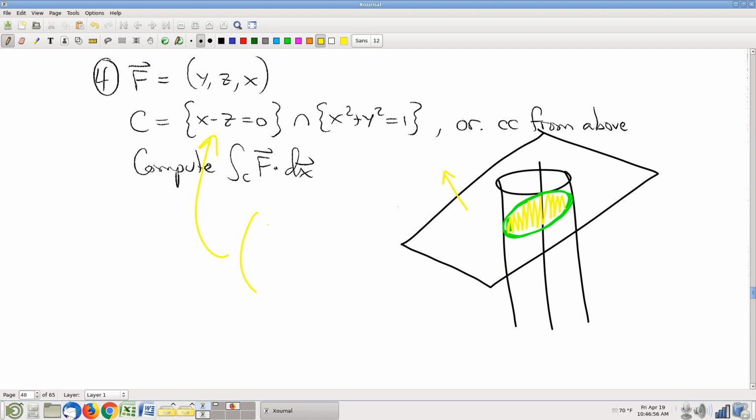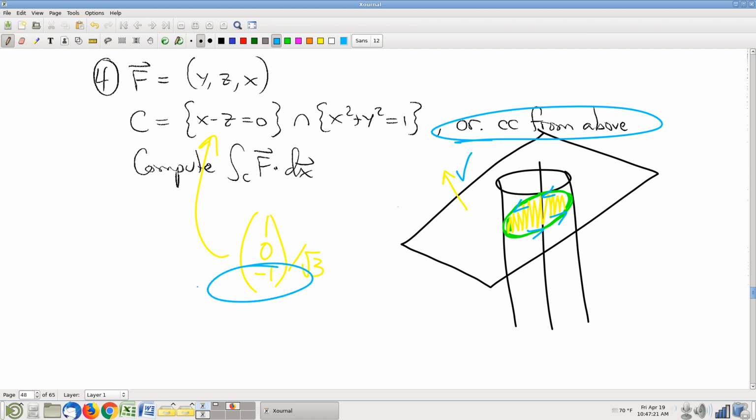Don't make the mistake of writing 1, 0, negative 1 over the square root of 3. That normal vector is pointing the wrong way. Think about orientations. Got to be careful with there's so many little moving parts here. Oriented counterclockwise from above. Think about what that means, and our normal vector should be pointing up. Don't make your normal vector point down if it points up.